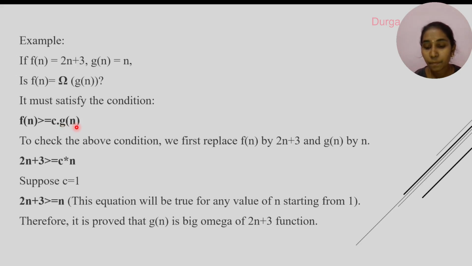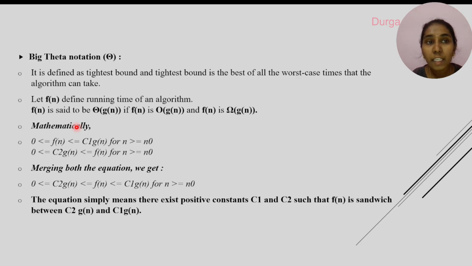Okay. And the last one is big theta notation. It is the average case, not best case, not worst case. It is defined as the tightest bound, and the tightest bound is the best of all the worst case times that the algorithm can take.